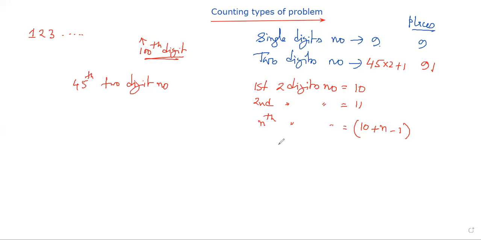That means my requirement is the 45th two digit number. It will be 10 plus 45 minus 1, that is nothing but 55 minus 1, 54. So the last two digit number written is 54.